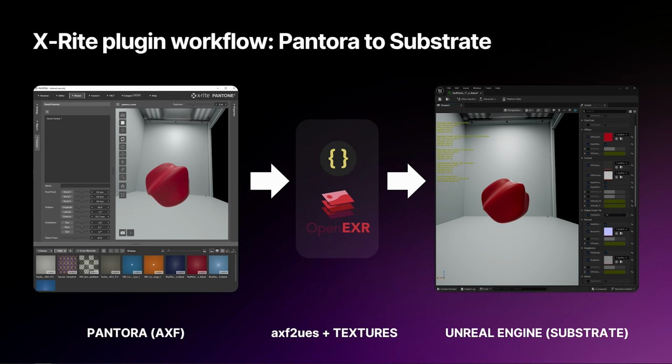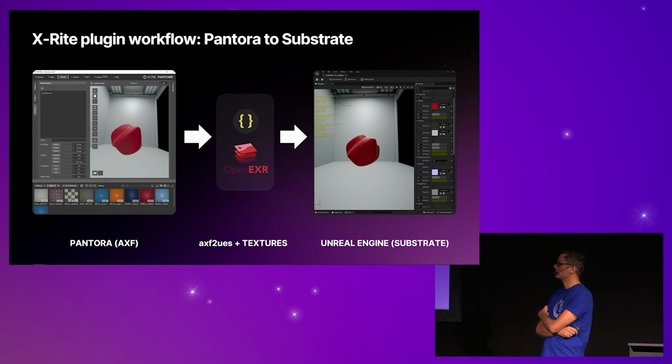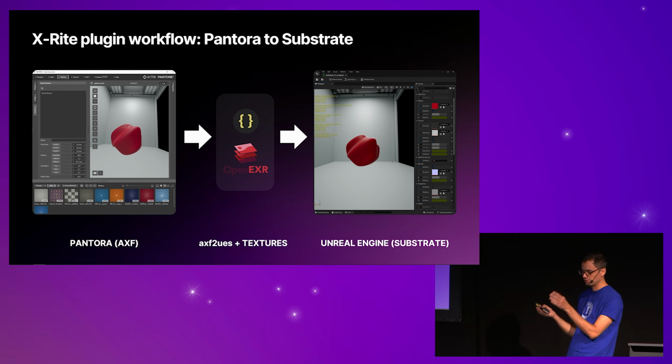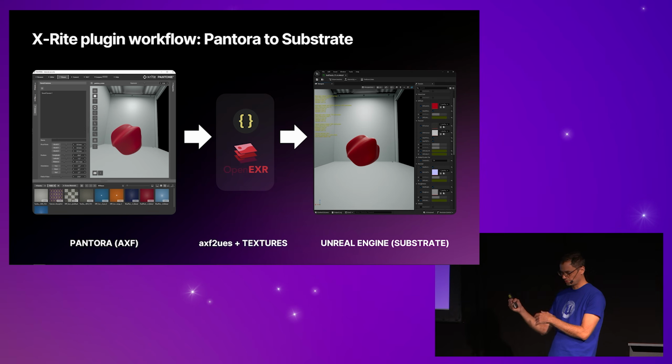What I want to show on this slide is that the fact that we have Substrate now enables us to make custom surface representations. We work with the X-Rite guys, who, if you're working in the automotive space, you know them. They make scanners to scan materials, and to get them into the engine, the cool thing is that they have their own material representation. So they could, with our help, make custom materials that fit their own surface representation.